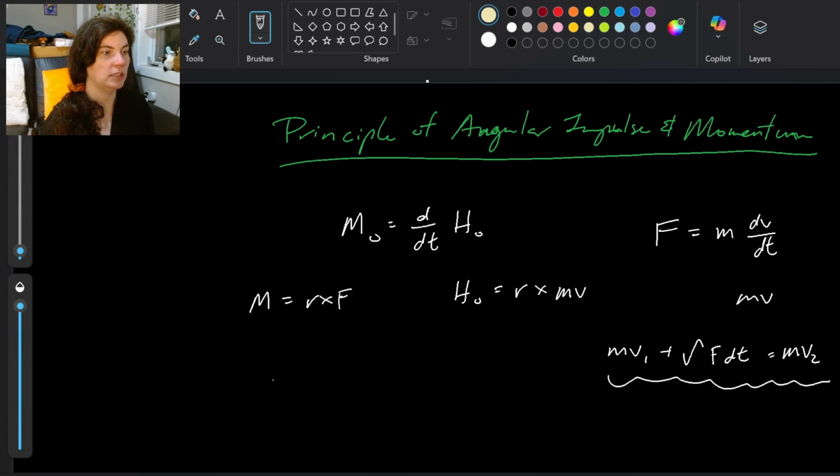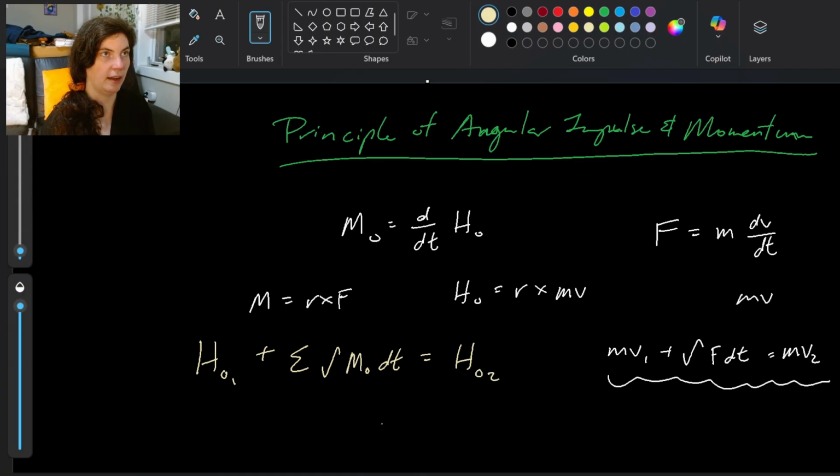So our big equation here that we're going to use is our initial angular momentum plus the sum of all of those different moments, all of those moments integrated with respect to time, equals our final angular momentum.